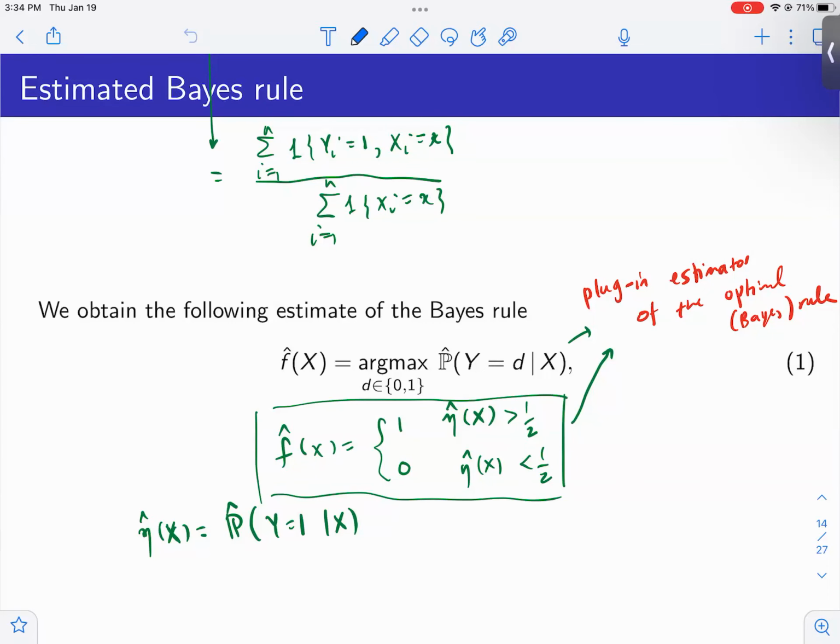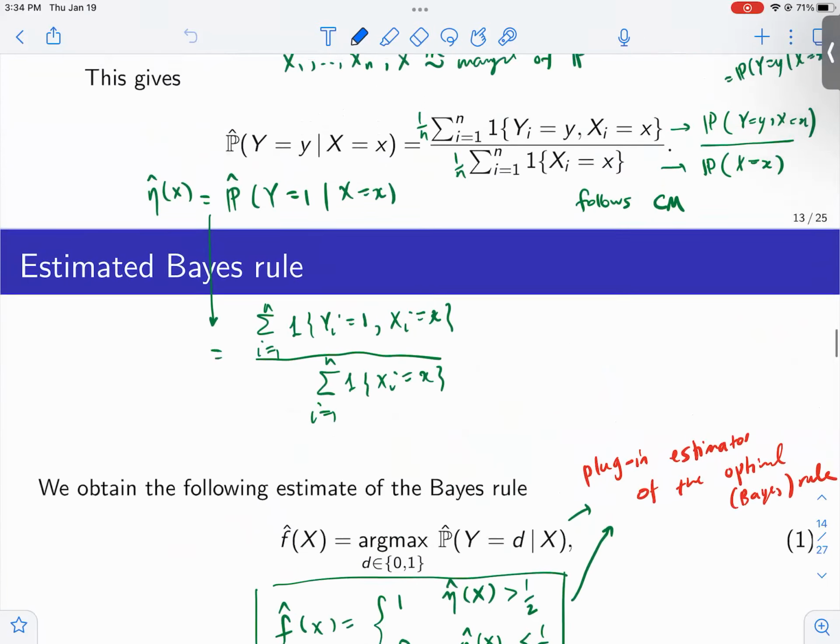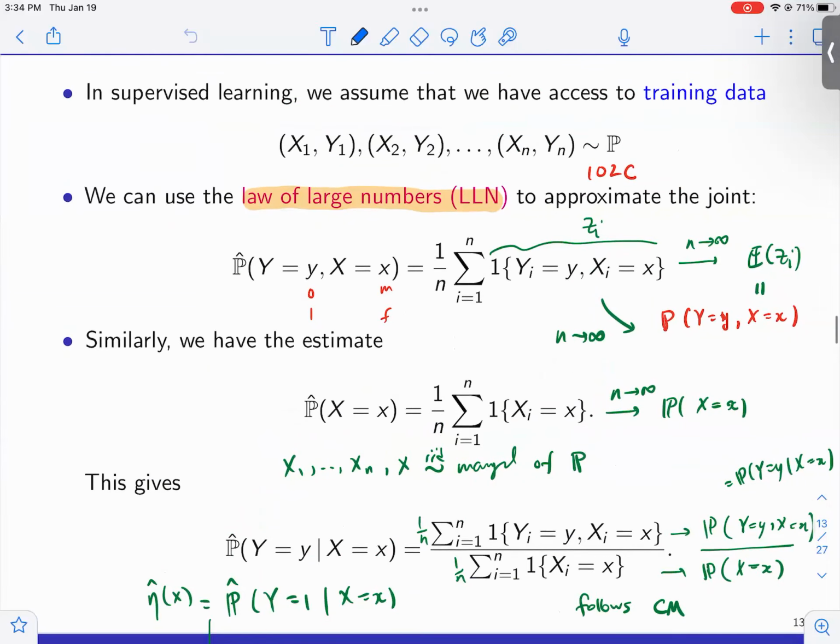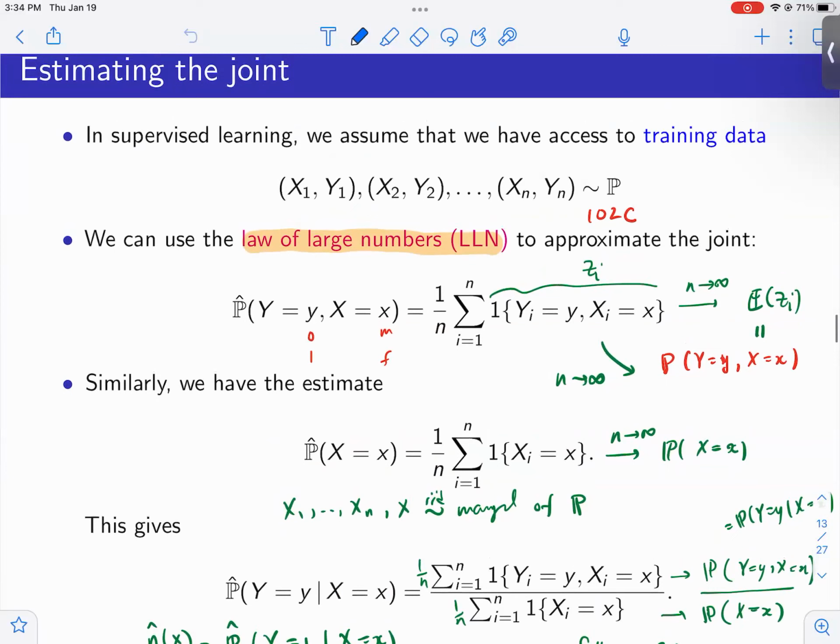Okay, so last time we reviewed the idea of trying to implement the optimal rule, sometimes referred to as the Bayes rule, for real data.